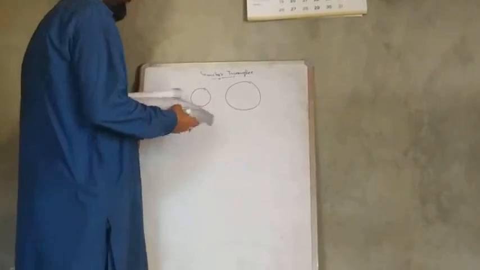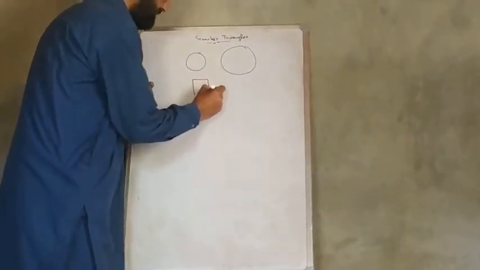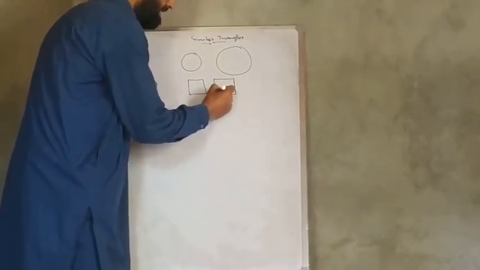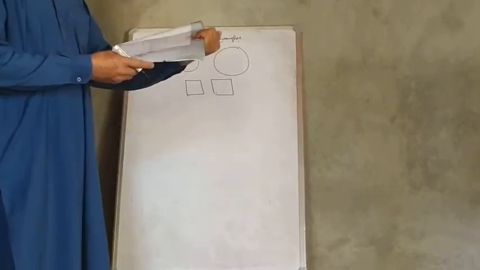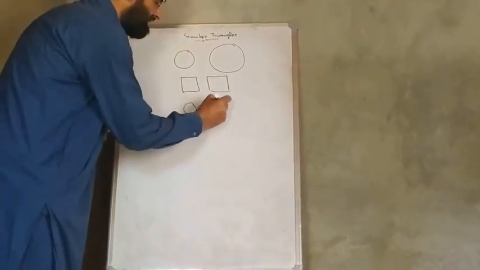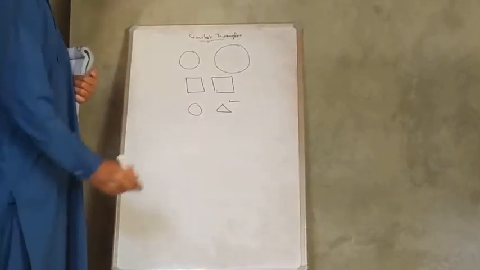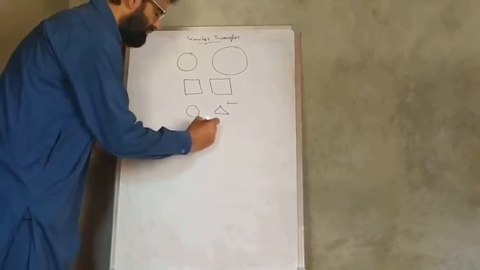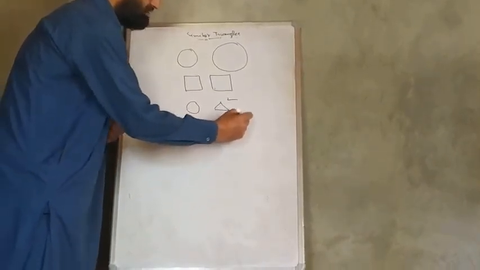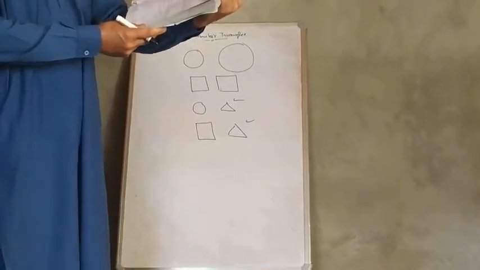And you can make two squares, all angles are equal, of the same shape, so they are similar. And for non-similar figures, suppose you make a circle and a triangle, they are not similar, their shapes are different. Similarly, if you make a square and a triangle, these two figures are not similar.